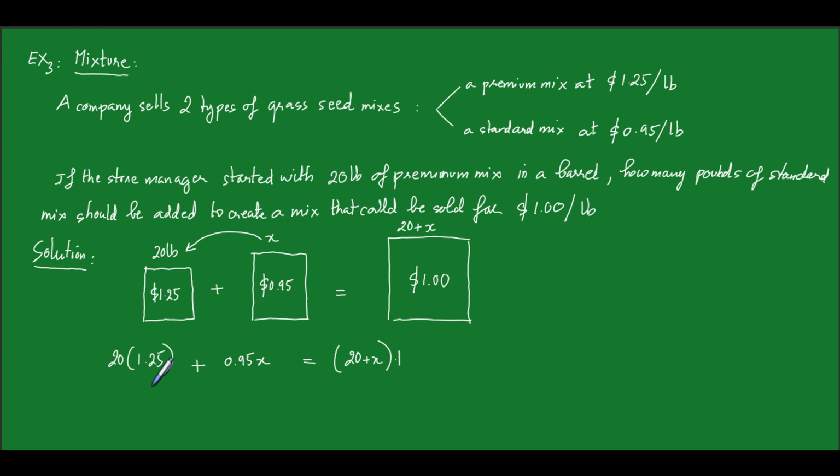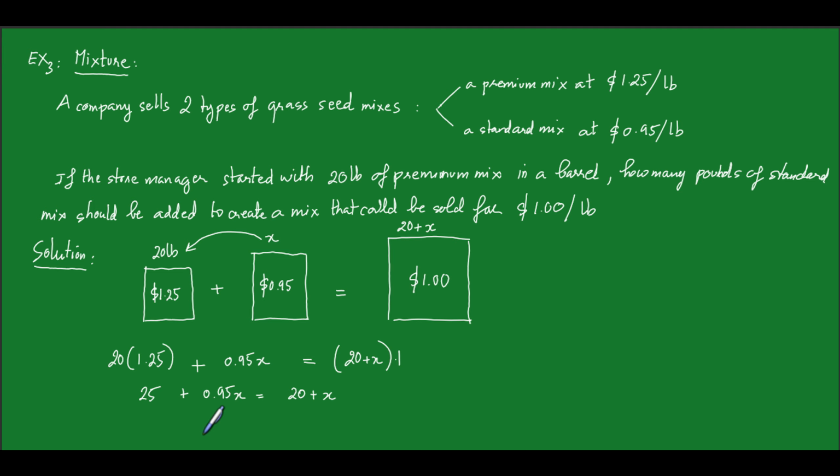20 times 1.25. It gives you 25, so this will give you 25. This is 1.95x. This is times 1, so I'm just going to write 20 plus x. Okay.